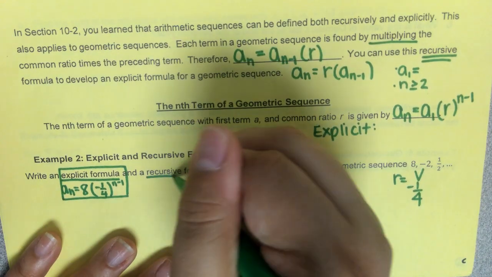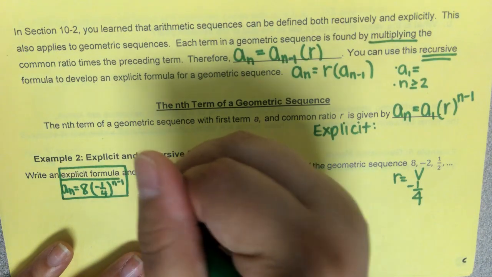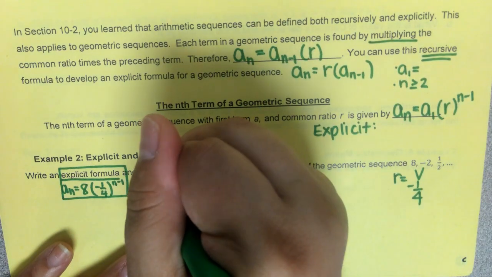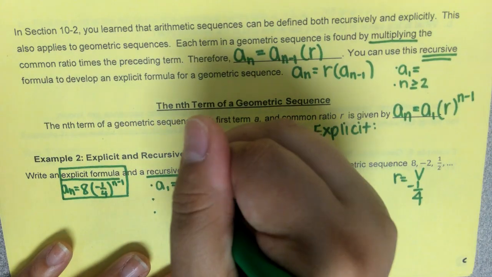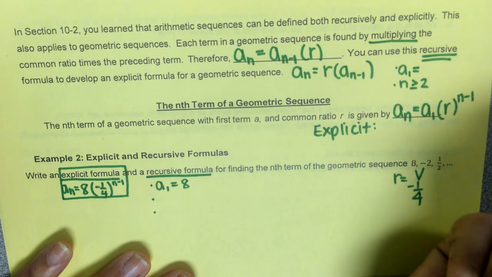What about the recursive formula? How would I find the recursive formula here? What do we need for recursive? 3 things. What are the 3 things we need? The start, a of 1 is 8. What else do we need? What's happening each time?